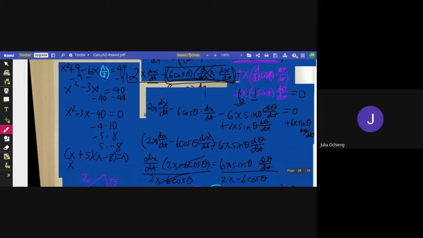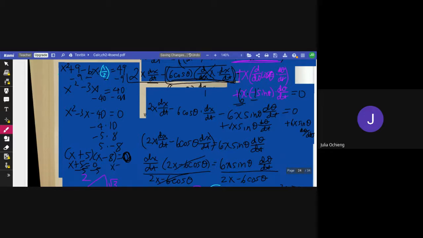I'm going to set x plus 5 equal to 0. Subtract 5, so I get x equals negative 5. Same thing for the x minus 8 equals 0. So this is very messy. Let's fix this. This is a 0 right there. Subtract 5, subtract 5.